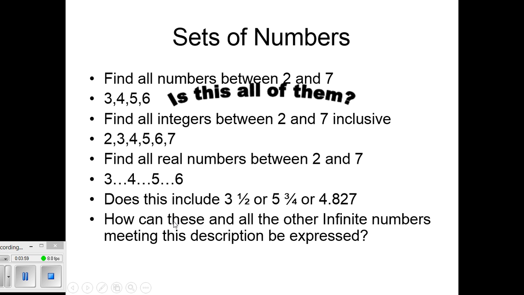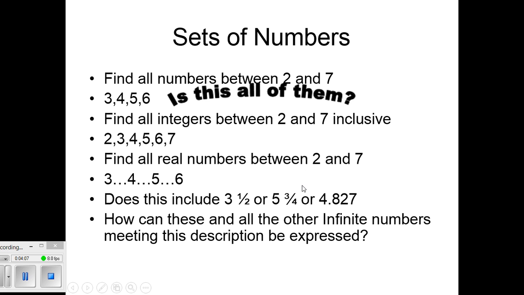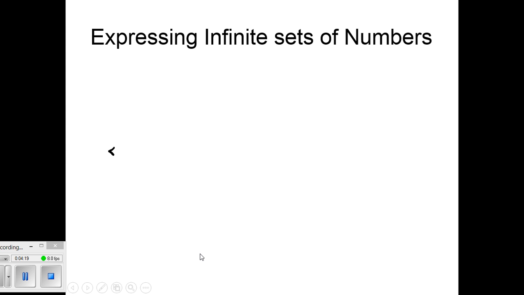No. The fact of the matter is that there are infinitely many numbers between any two numbers. The set of numbers between 2 and 7 is infinite in nature. How do you express an infinite set of numbers? Let's proceed and see how we do that.